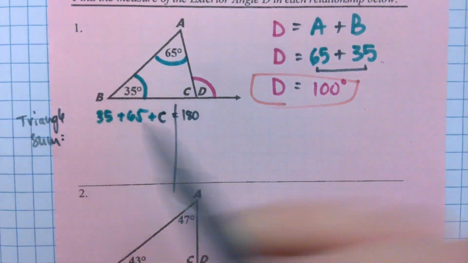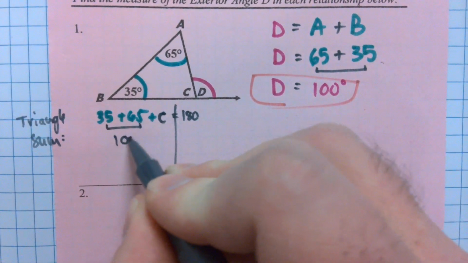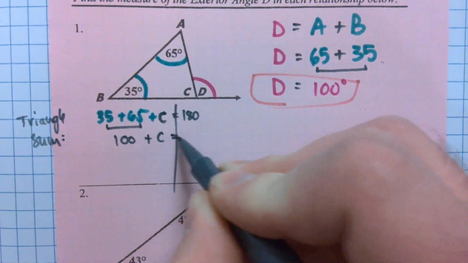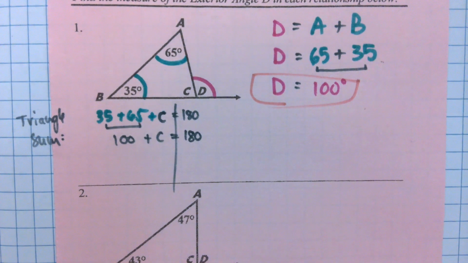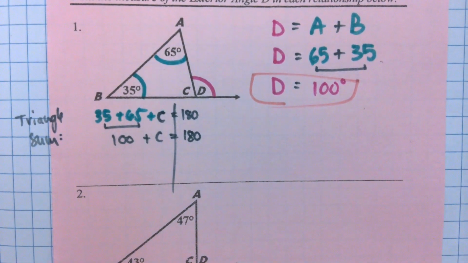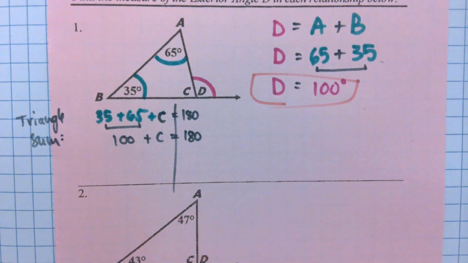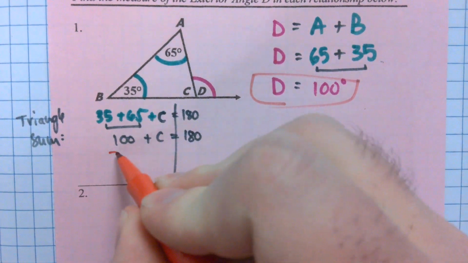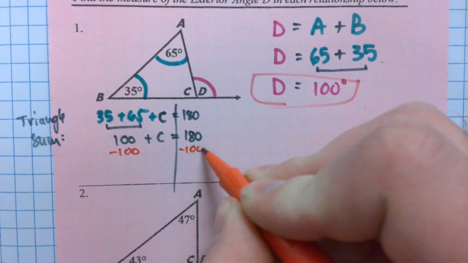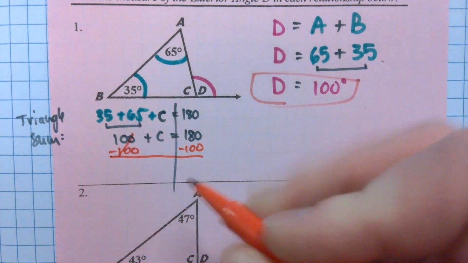What is 35 plus 65 again? 100 plus C equals 180. How can I get C all by itself? Subtract 100. What's 180 minus 100? 80.